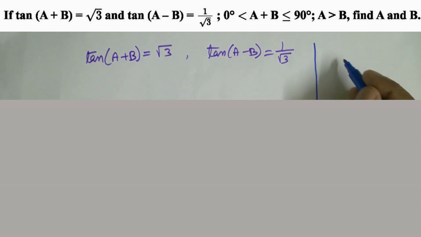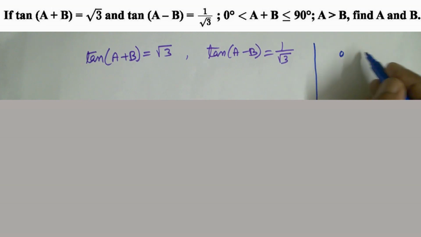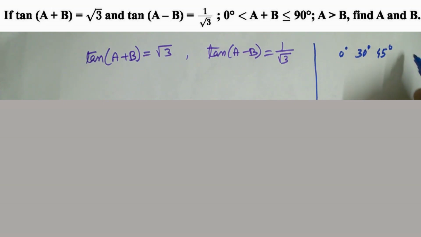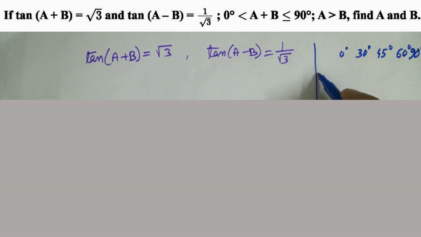We try to find the standard values: 0 degree, 30 degree, 45 degree, 60 degree, 90 degree. Here writing tan.